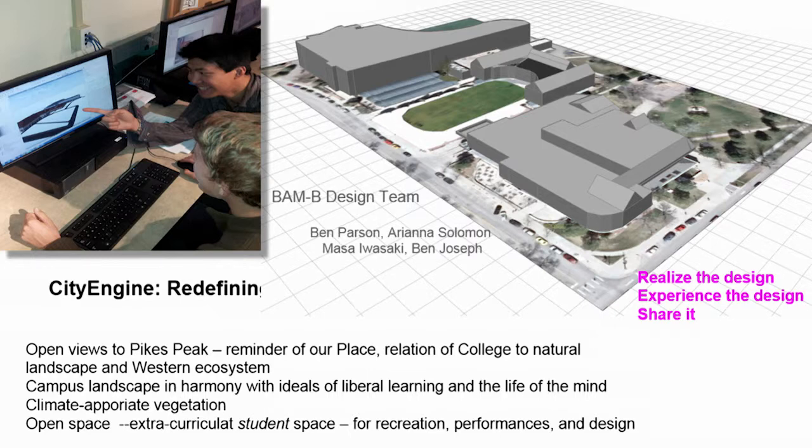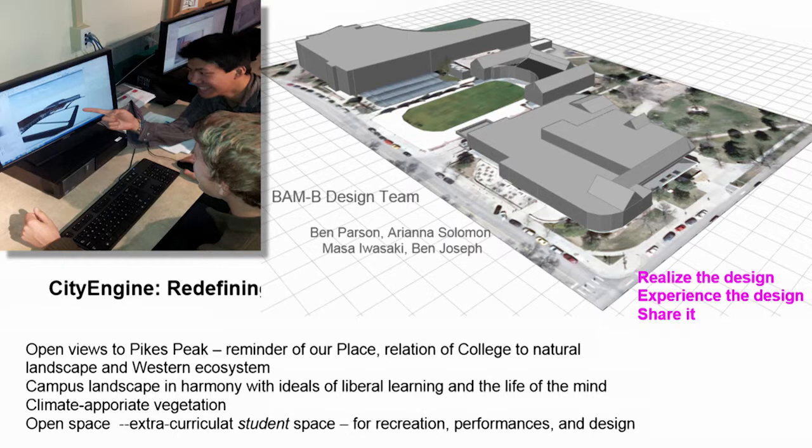There's 4 major buildings crammed into a very small space in the corner of the campus that this design team perceived was really not in harmony with the aspirations of liberal learning in this small undergraduate institution.